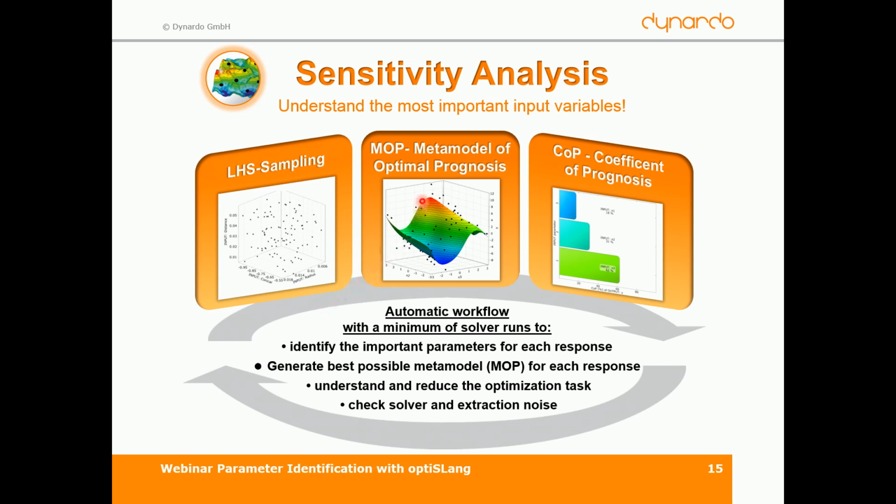The surrogate model describes in some analytic way the behavior of input and output relations. It goes through the whole number of possible regression models we have in OptiSlang, fits them, and computes the prognosis quality, the COP, of each available model, and it comes out with the result of the best available meta model we have. And this is one of the optimal prognosis quality.